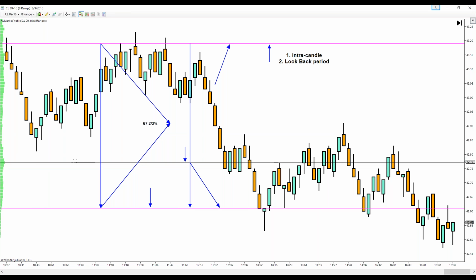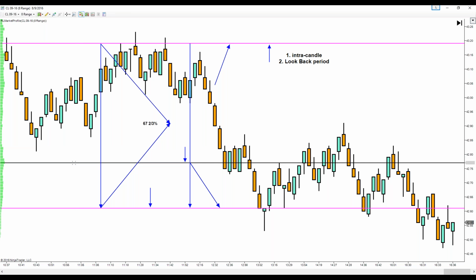So even though the point of control is still looking at the histogram bar that has the greatest volume, there's not very much volume crossed for a significant period of time during the course of the session. So you can see that the value area high, value area low are going to be too nimble. They're going to be moving around too quickly, and they're going to get pushed around by moving price too quickly.